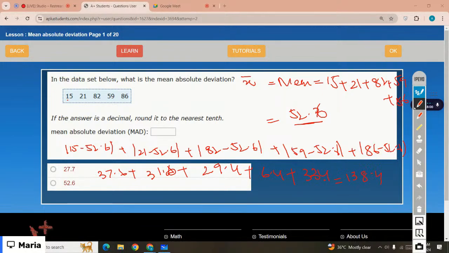So 138.4 divided by 5 is 27.68, and you can round this number off to 27.7. That is 27.7.